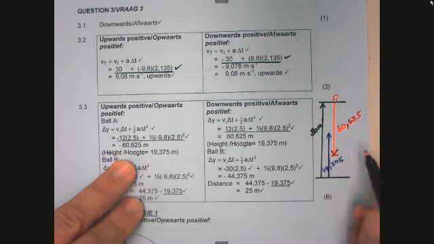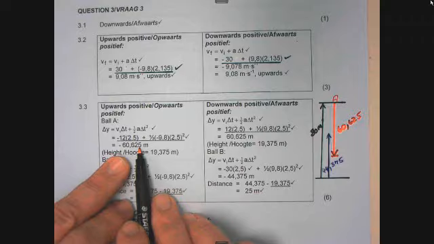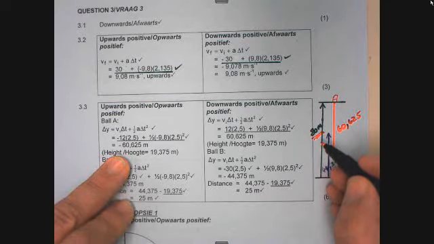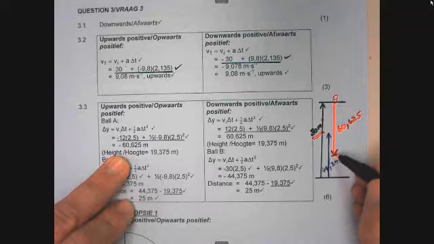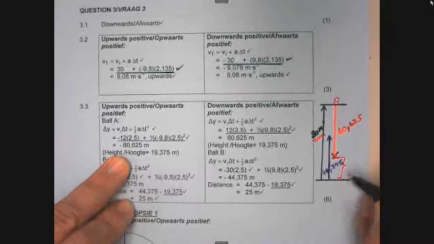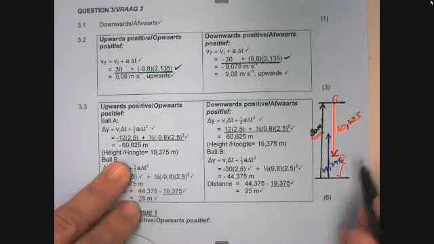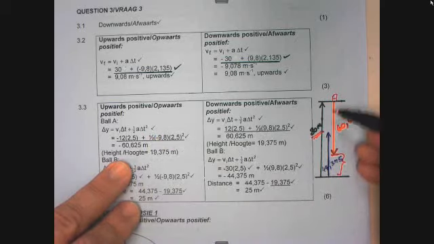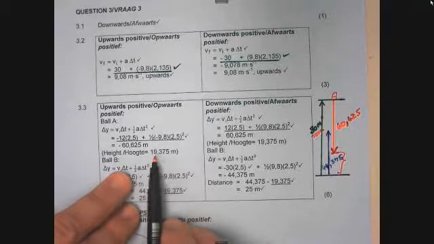So he must deduct that 60.625 from the total height given in the question. And the total height given in the question was 80 meters. So if it moved down 60.625 meters, then at that stage the height here will be 19.375.